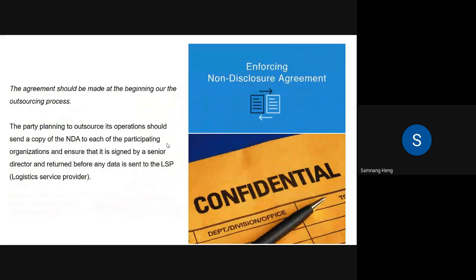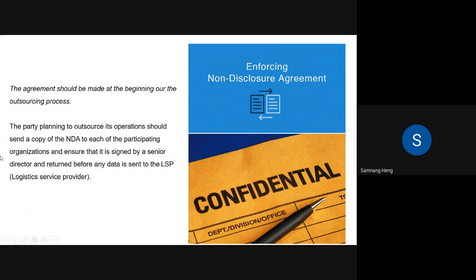And when do you create this kind of agreement? It should be at the beginning of the outsourcing process. To be honest, before you do anything with your business partner, you need to make sure you prepare the non-disclosure agreement and have them sign it.